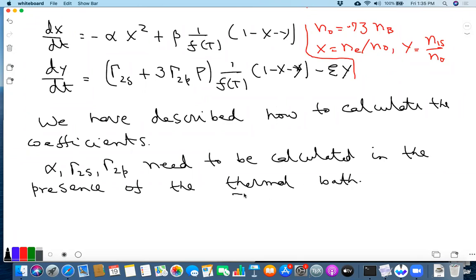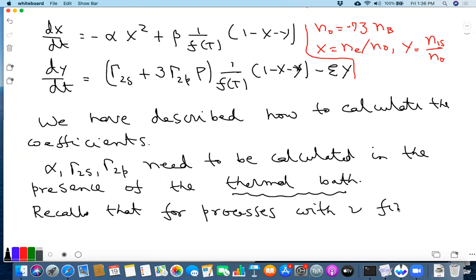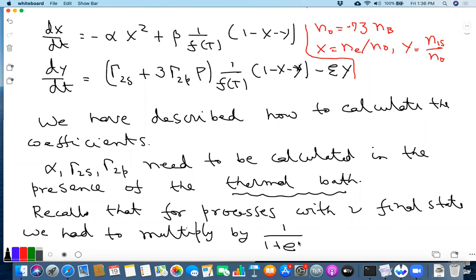So to see why this is relevant, recall that for processes with a neutrino final state, we had to multiply by 1 over 1 plus e to the e nu over T. And physically, this was the probability that the final neutrino state that you are transitioning into is unoccupied.